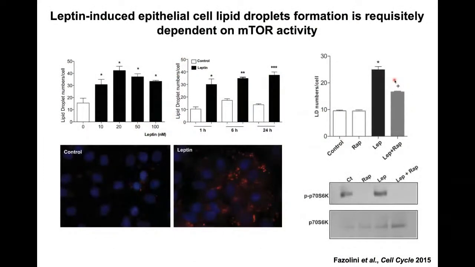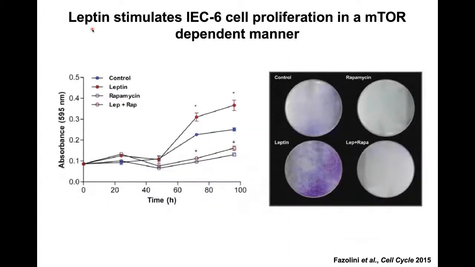This shows us that mTOR could be central in the lipid droplet formation mediated by leptin signaling. Also, leptin is able to induce cell proliferation, and this proliferation is blocked by rapamycin, which blocks mTOR activation.